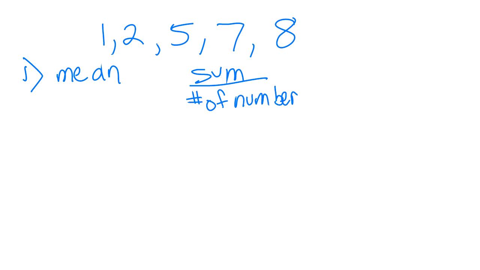So the sum of all these numbers is 23 divided by 5. So let me get my calculator. 4.6. So all I did was add up the numbers and divide by how many numbers you have, just like you do for a test score or whatever.